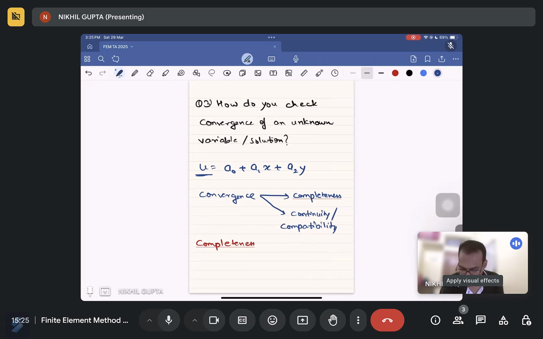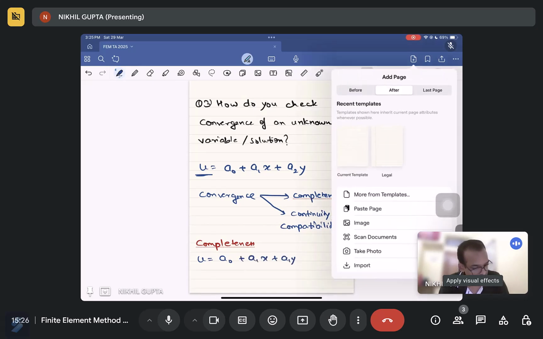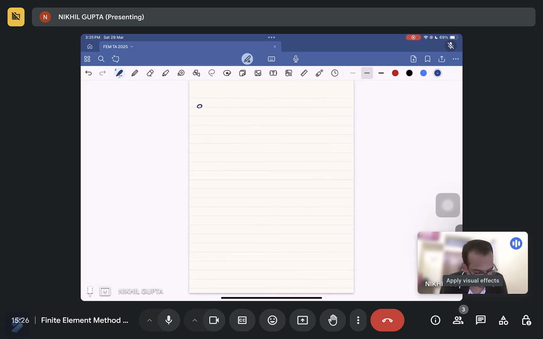Okay, the first is completeness. Whenever you assume a variable, let's say a0 plus a1 x plus a2 y, what you should take care of is that all lower order terms are included and no series term is omitted. If this is satisfied, the function of the assumed degree of freedom is complete.